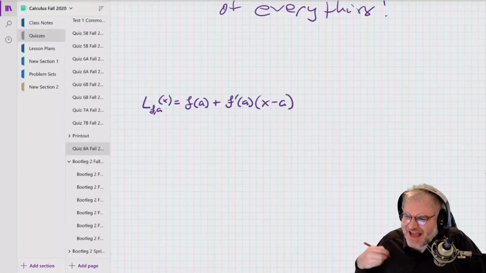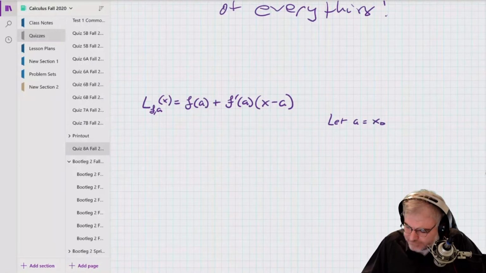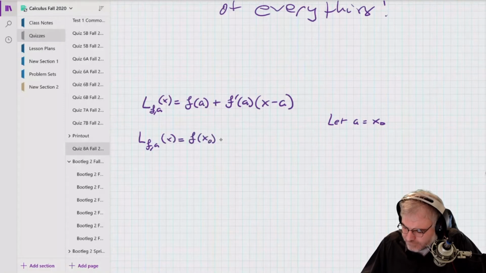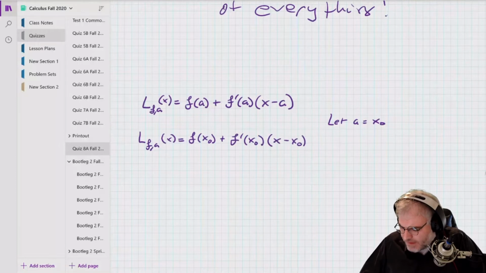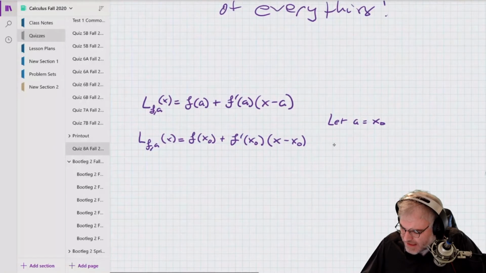Let's let a be x naught. Let's give it a name. If we're doing an x naught, let's let f of x naught equal y naught.